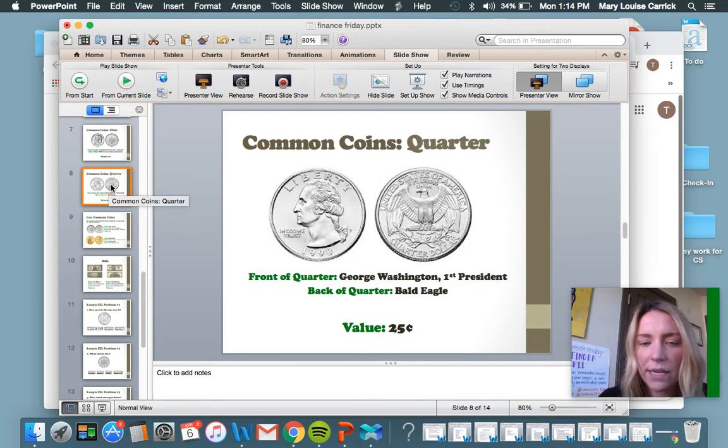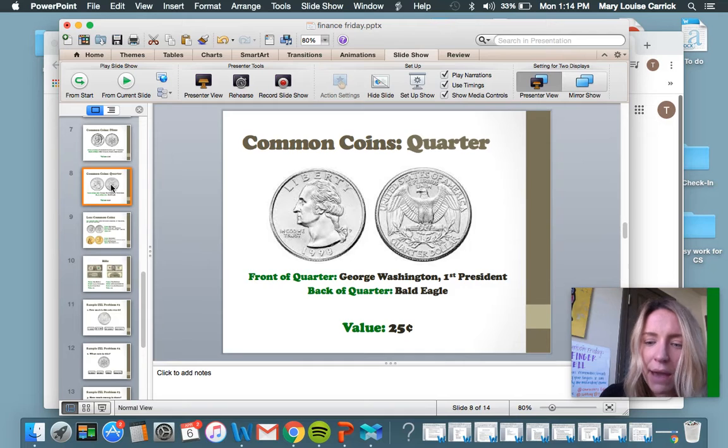Our next common coin is a quarter. And out of our common coins, this is the biggest coin, and this is the coin with the most value. Our quarter features George Washington on the front. He also has that signature long white ponytail. It's actually a wig that he's wearing.